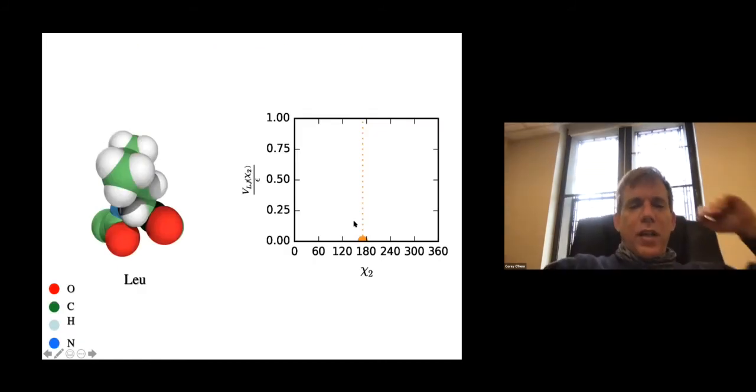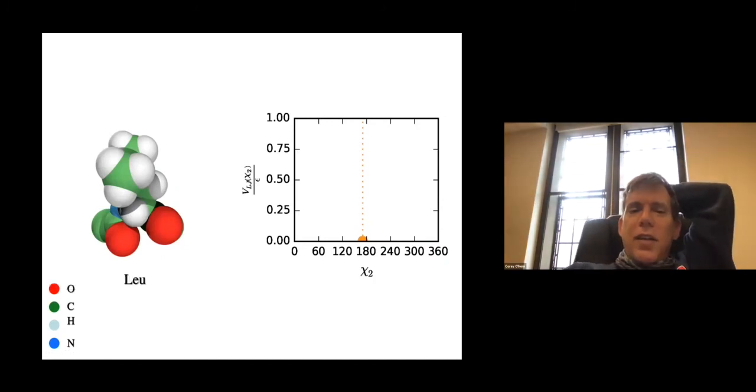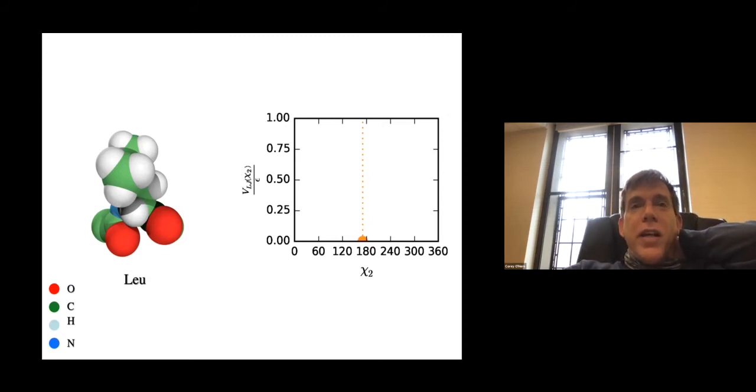So here's the movie. What we do, and I'll emphasize this more in the next slide, is you can do the Ramachandran thing where you take the amino acid out of the context of the protein, and you can include it in the context of the protein.